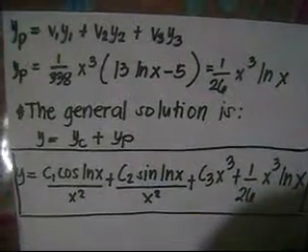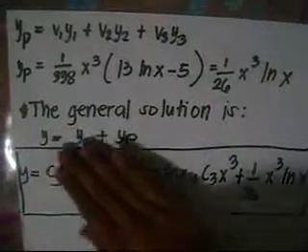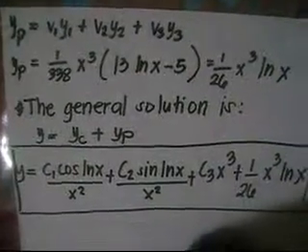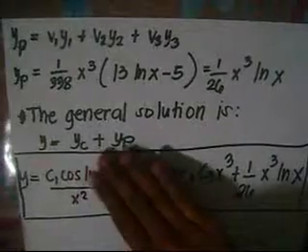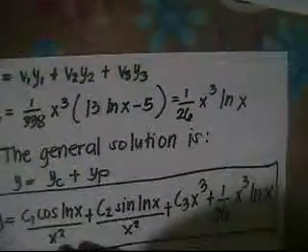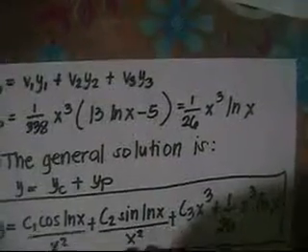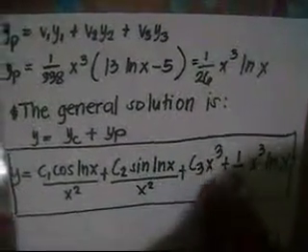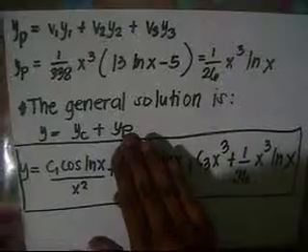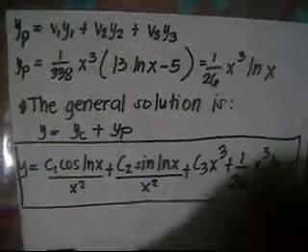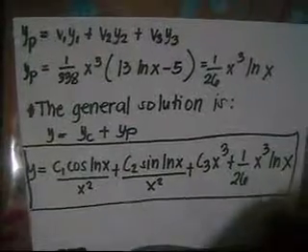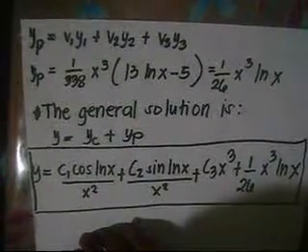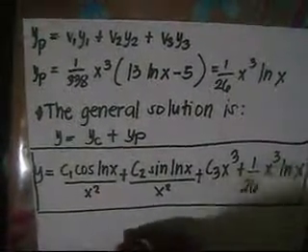Now the general solution is y equal to yc plus yp. yc has the value of c1 cos(ln x)/x squared plus c2 sin(ln x)/x squared plus c3 x cubed, while yp has the value of 1 over 26 x cubed ln x. So this is now the general solution of the given Euler differential equation.